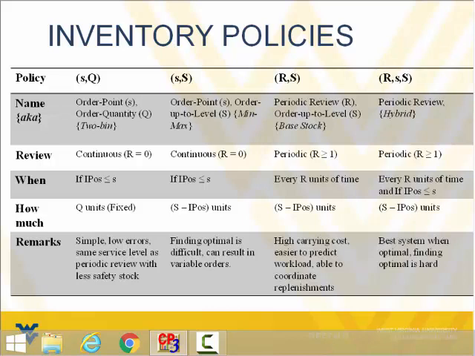And then you have, of course, this RSS system, which is a hybrid of everything. And very few companies actually use this, because it's really hard to find a good optimal for this particular policy.